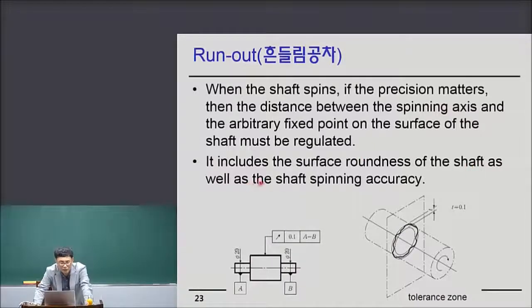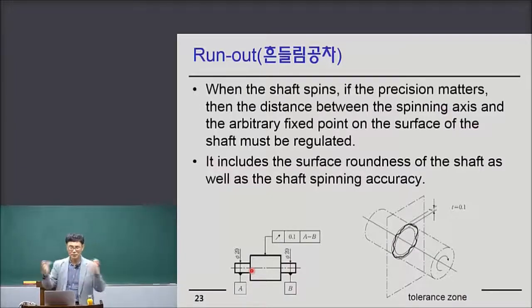Also, as well as the shaft spinning accuracy. Maybe the concentricity of two axes, this one and this one. If the concentricity error is large, then the run out would be large. So run out includes the many effects of the roundness and the concentricity.